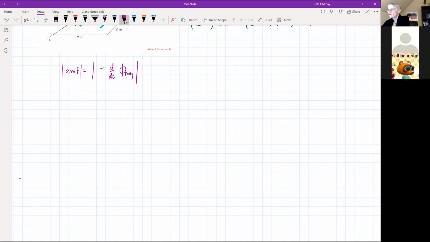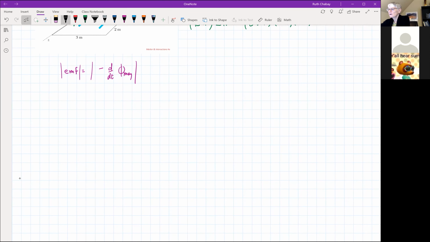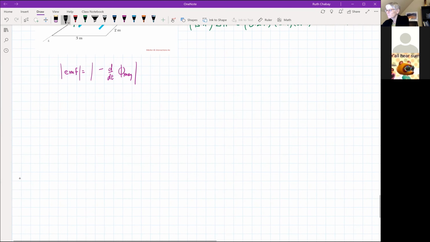So let's consider a situation where we've got a magnet. Here's our north end, moving along an axis where we've got a coil that has 500 turns.